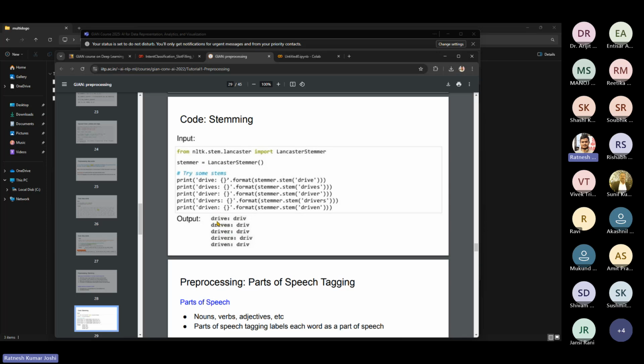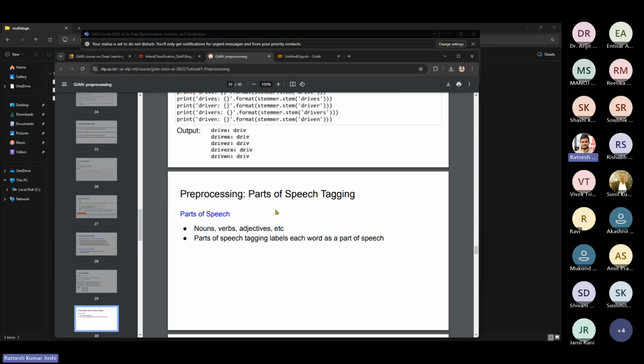All of you might know that the actual base word for this combination of drive, drives, driver should be drive, so there should be an E, but we are ignoring the constructs of language in order to make our stemming faster. Instead of looking up how it is done in the English language, we just cut down text and reduce it to a base. That is the general idea of stemming.